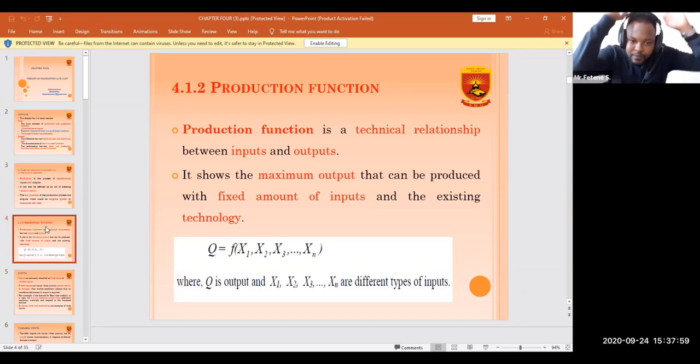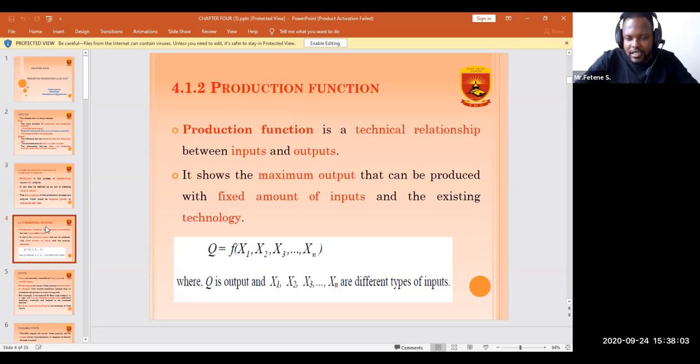As I told you before, the inputs are fixed or limited. So how to maximize the output of the product within this fixed amount of inputs? This relationship is called the production function.